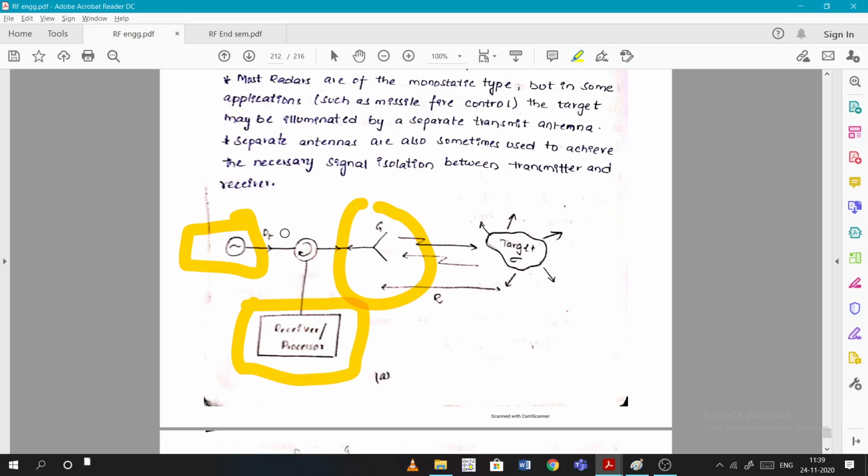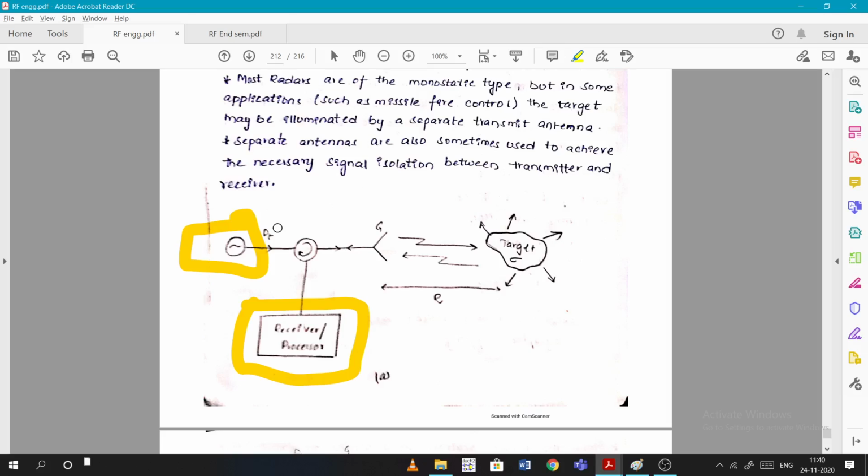When power is transmitted, it should go only to the antenna, not to the receiver connection. When something is received, it should be collected by the receiver, not by the transmitter.